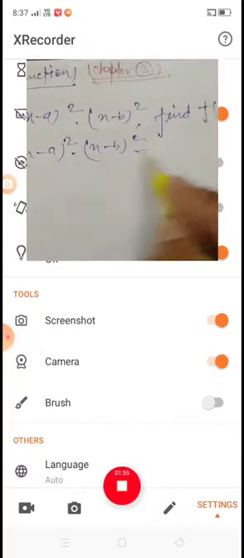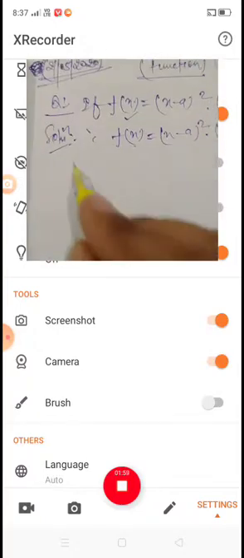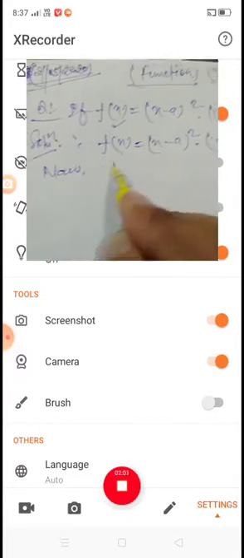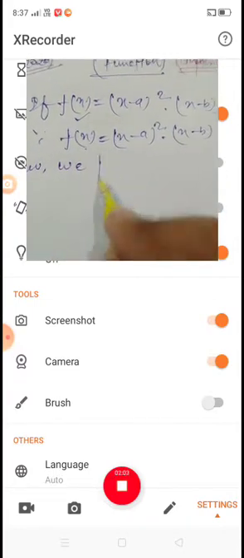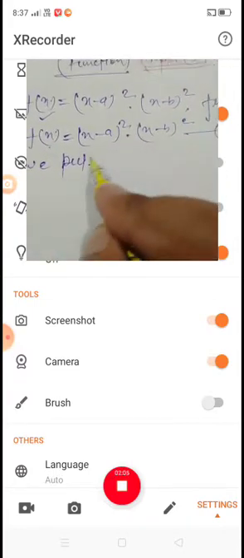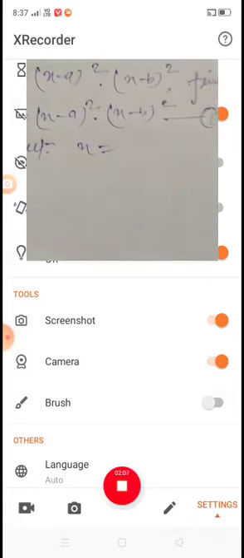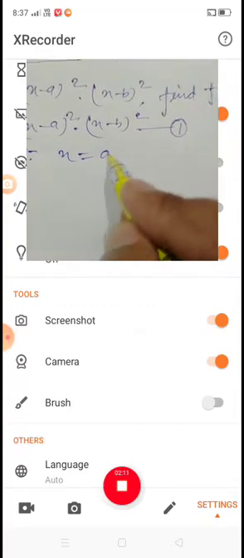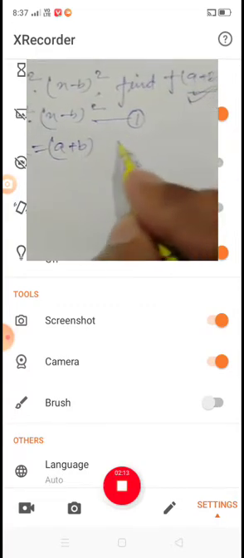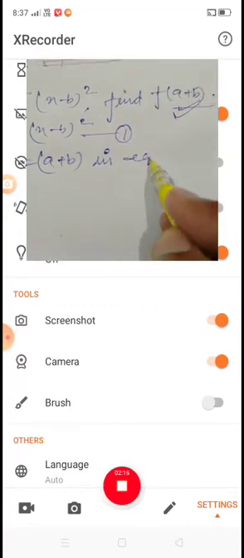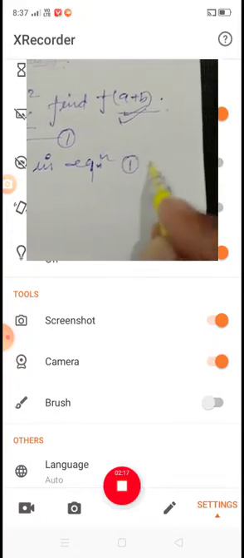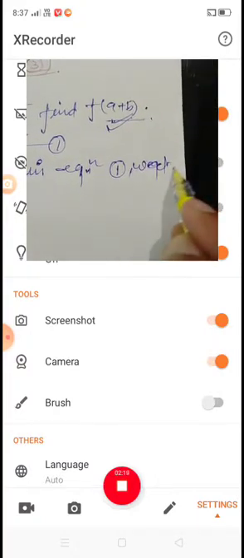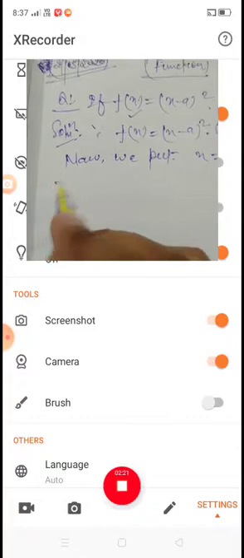Now we put x equal to a plus b in equation 1.